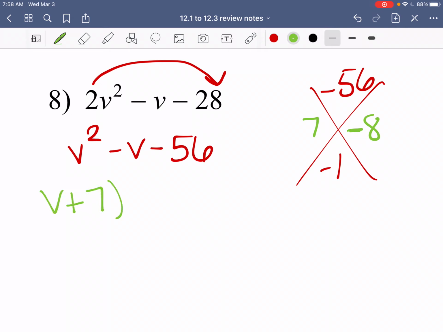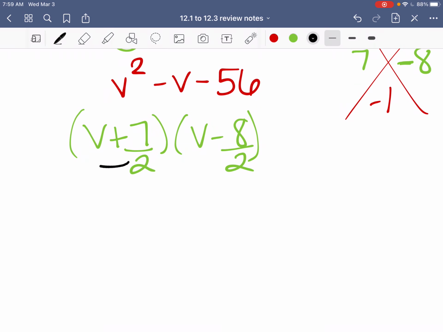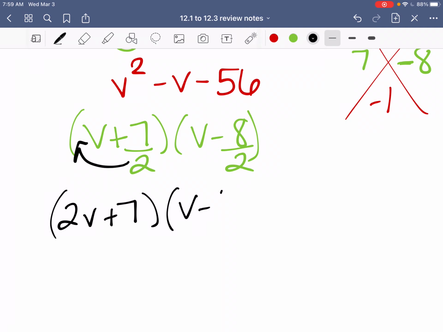So v plus 7, v minus 8. I got rid of the 2 in the beginning, so it needs to come back into play now. So I'm going to divide those each by 2. The 2 is going to slide to the front to become 2v plus 7, and 8 divided by 2 is 4.